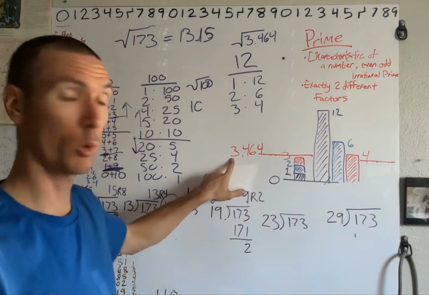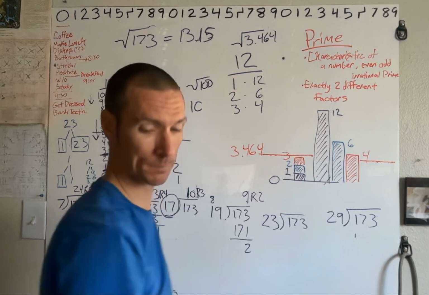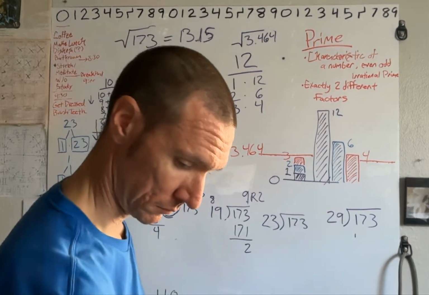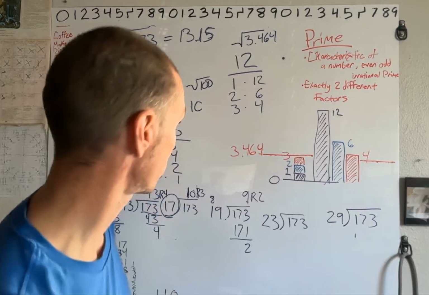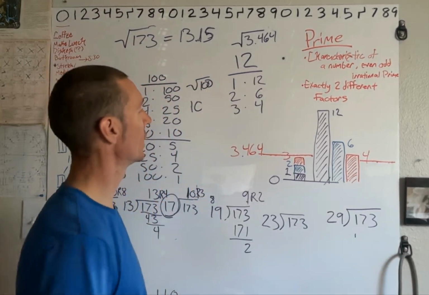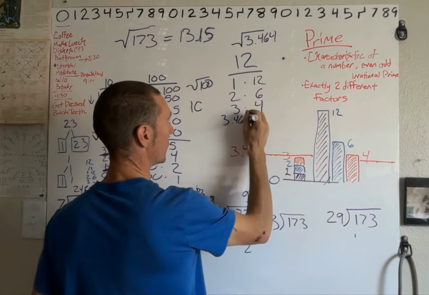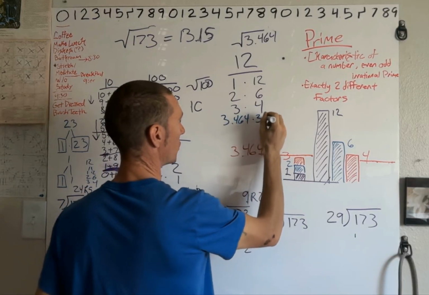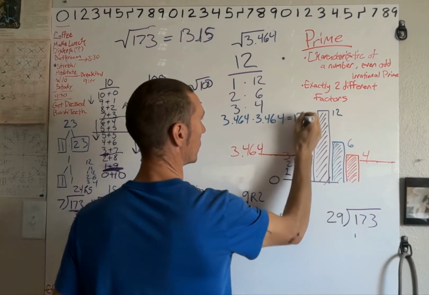Because at 3.464, they're just going to flip on each other. Because 3.464 times 3.464 is equal to 12.